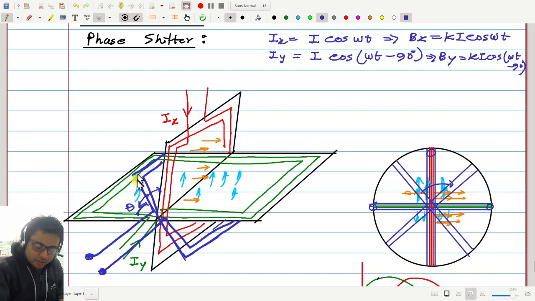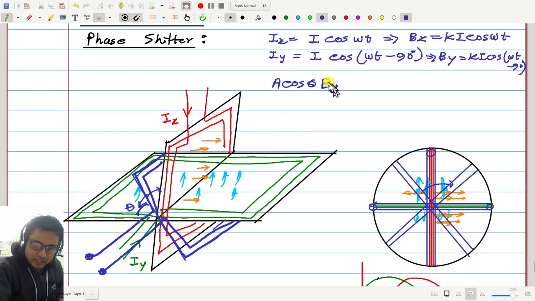The vertical flux we can write as follows: you project that area onto the horizontal plane, so that becomes A cosine theta, the projected area, and you multiply that by By.